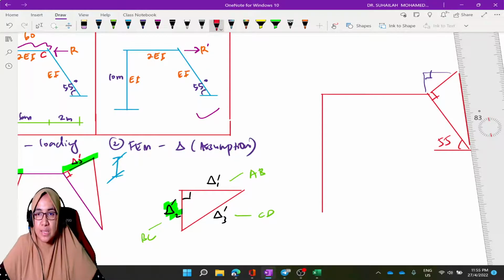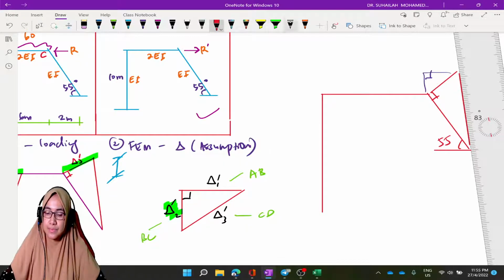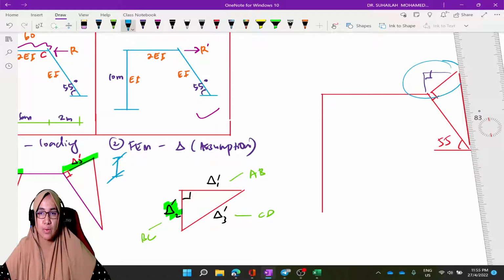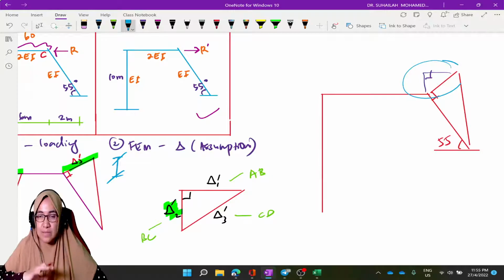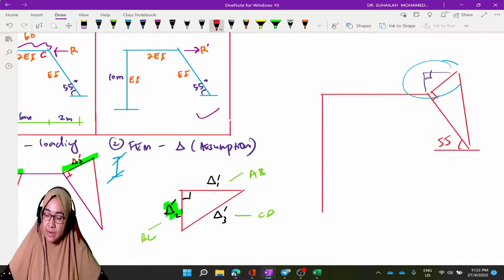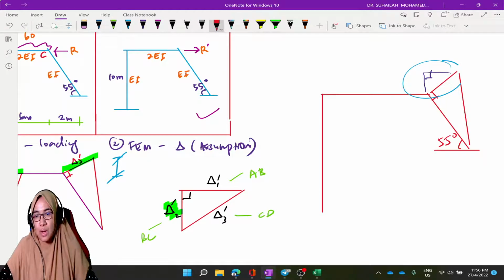Where is the position of 55 in this triangle? Where is the 55 degree located?